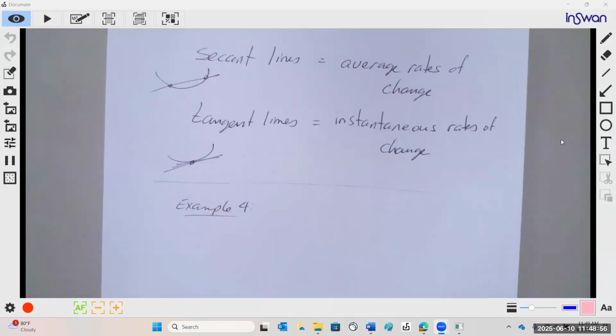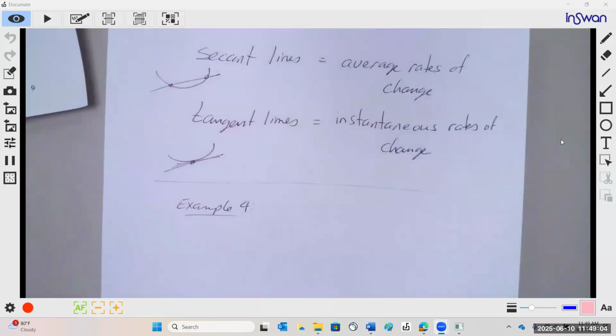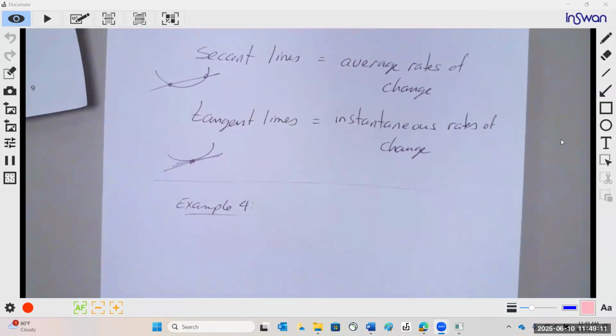Example 4. Here we have to use this graph. I'm sorry, but I've got to show you a graph. Here, I'll read it out to you. Figure 2.5 shows how a population of fruit flies, Drosophila, grows in a 50-day experiment.